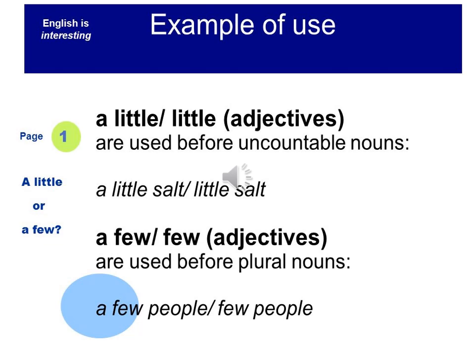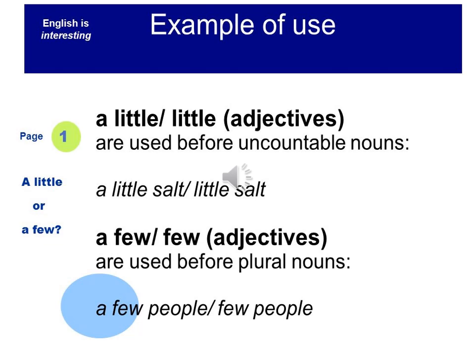For example, salt. We use a little salt. Okay, what about a few? Quantifier a few are used before plural nouns. Plural nouns. Two or more. We use a few.